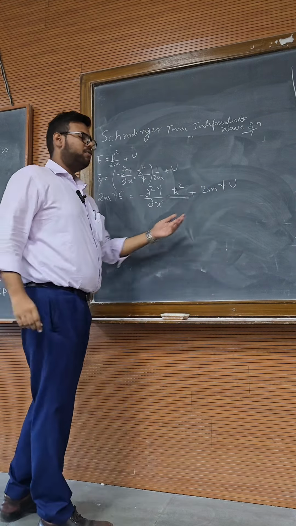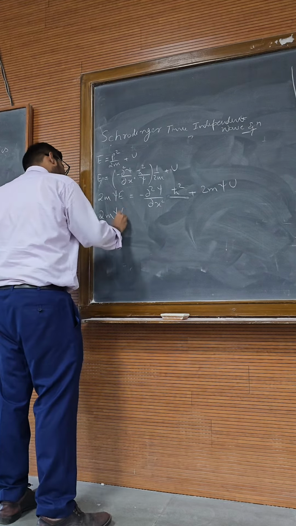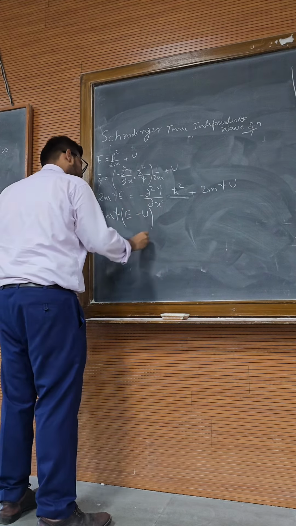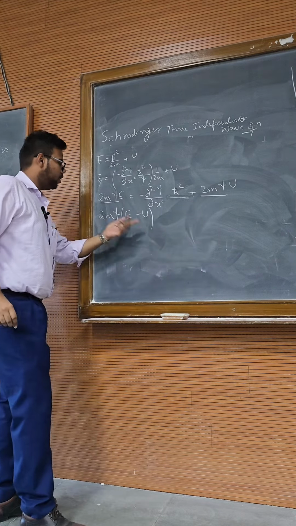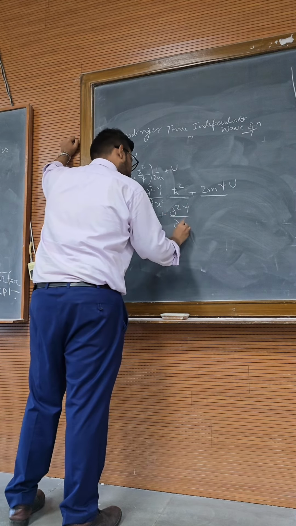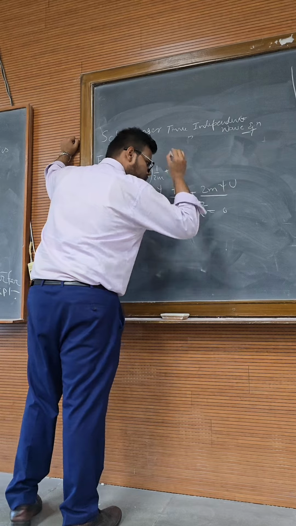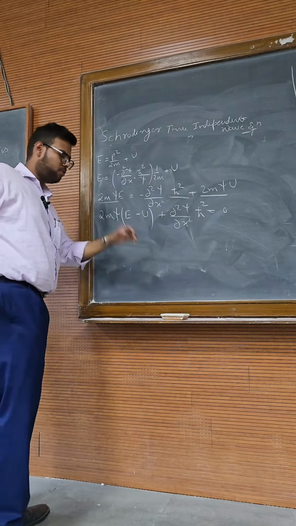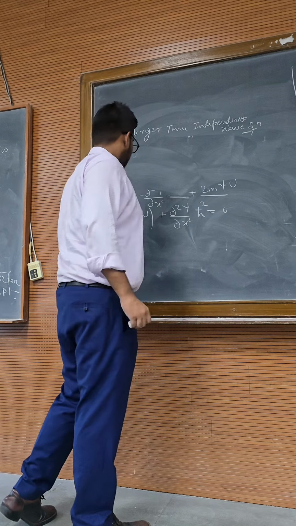You can bring this stuff to the left side, and you get 2m psi, just see what I'm doing, minus u. Notice that this term and this term are common in both, right? That is why I took common and brought it over here, plus del 2 psi by del x square h cross square is equal to 0, right? I brought everything to the LHS.